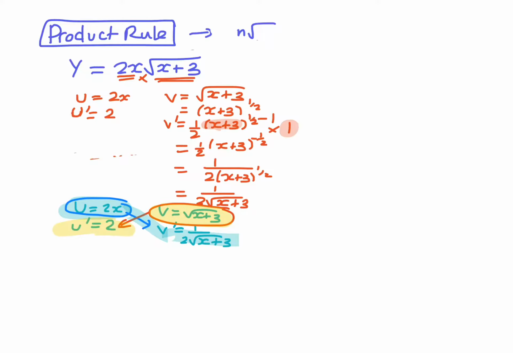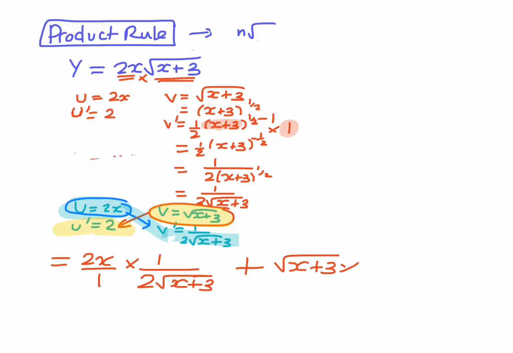So let's write that out. Okay, so that equals u, which is 2x, times v dash, which is 1 on 2 root x plus 3. Now the 2x, just put it over 1 so you know what's on the top and what's on the bottom. Okay, and then you go plus v, which is root x plus 3, times u dash, which is 2.